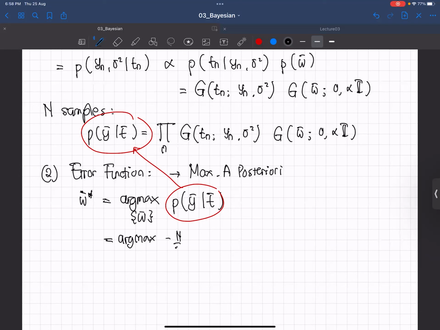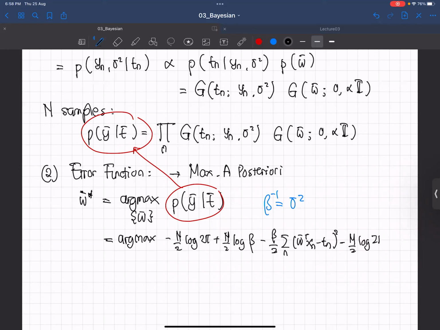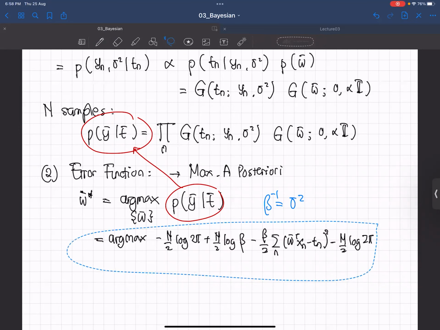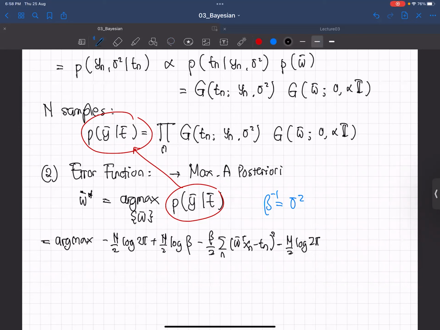of minus n divided by 2 log 2 pi plus n divided by 2 log beta. So what is beta here? Beta inverse is actually sigma square. It's called precision. So if sigma square is called standard deviation, beta is called precision. And minus beta divided by 2 sum over n of W transpose xn minus tn squared, minus m divided by 2 log 2 pi. It's very long, but if you want to know the full derivation, you can look at the lecture note.